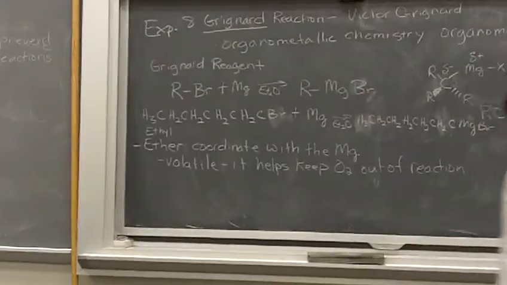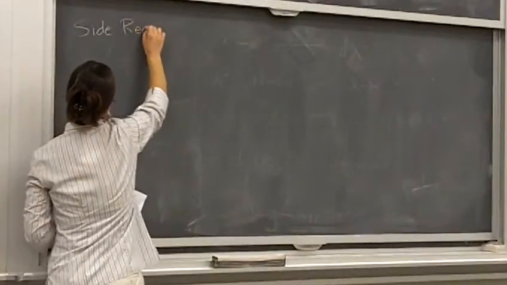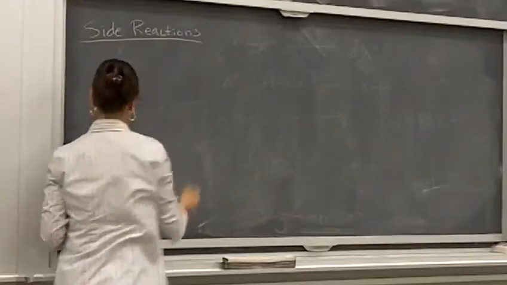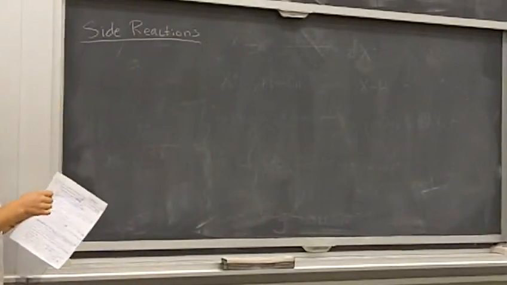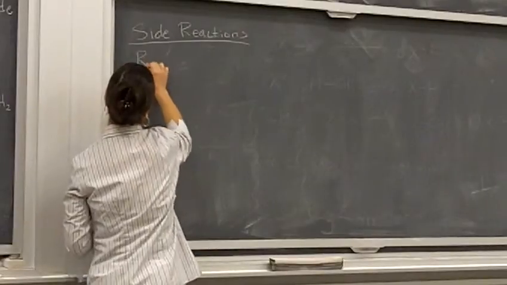Now with our Grignard reagent, we have to be careful of some side reactions. One of the first ones is that Grignard reagents love to react with water, and we don't want that to happen, okay?